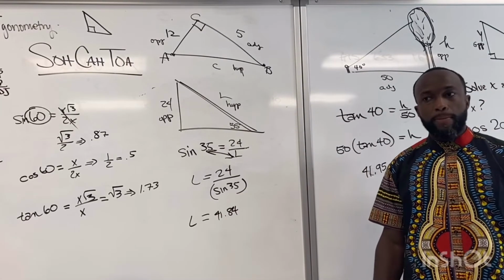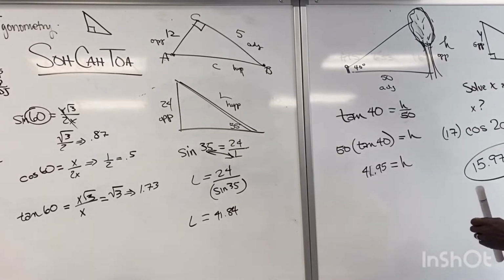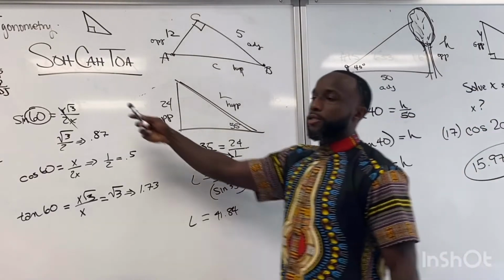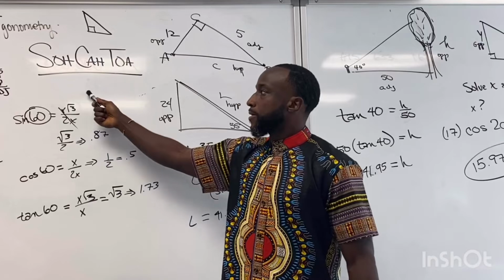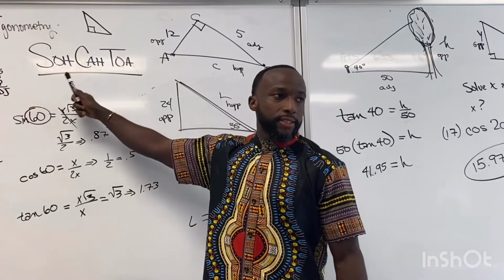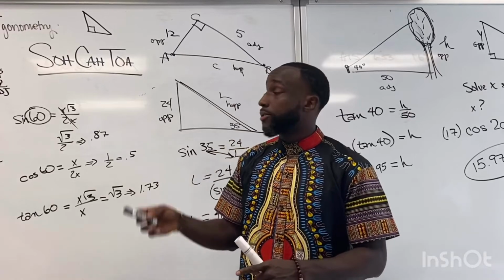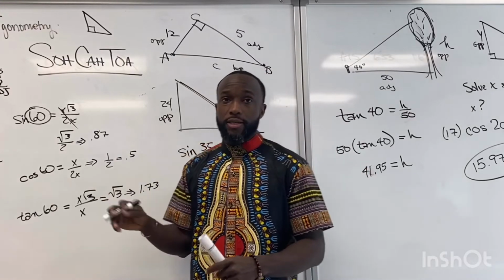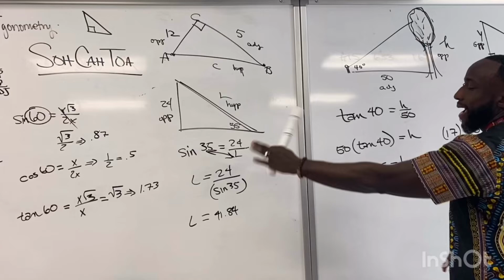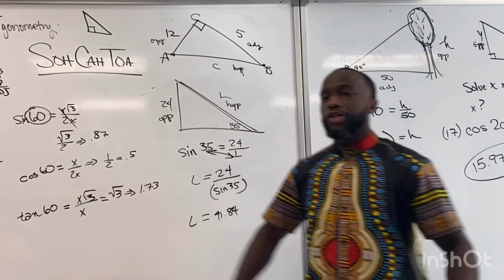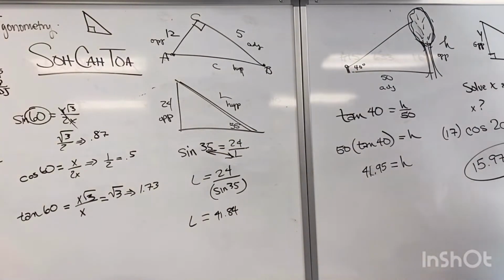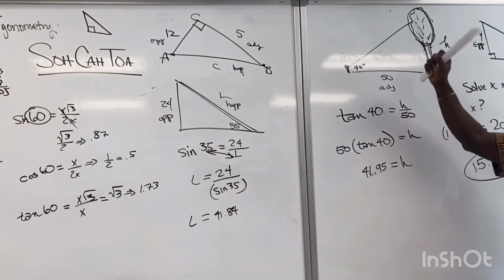Cool. Right? So we've done it. We know what SOHCAHTOA means now. Sine, cosine, and tangent. Sine, opposite over hypotenuse. Cosine, adjacent over hypotenuse. Tangent, opposite over adjacent. They'll ask you about the ratios, but the real meat of the situation is solving for missing sides.